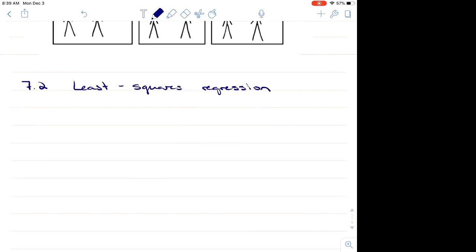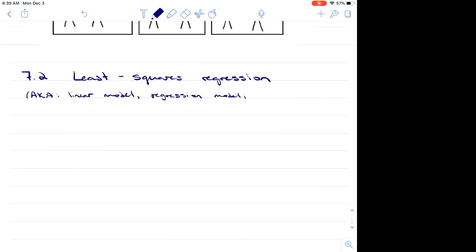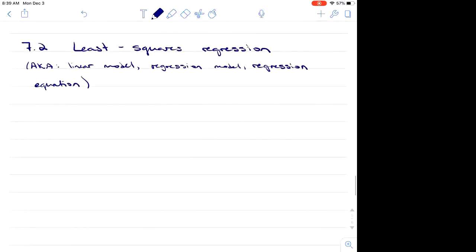So all these names, AKA linear model, regression model, regression equation, and I'm sure there's others. But all these are referring to the same thing, and that's just the line of best fit. If you have this relationship that looks like a straight line, what would the line of best fit be?